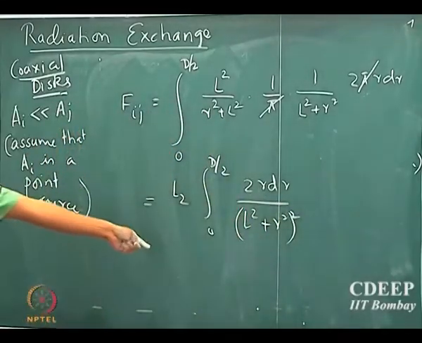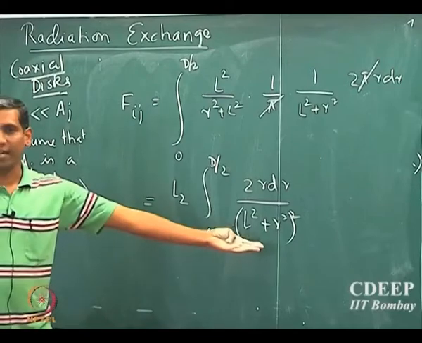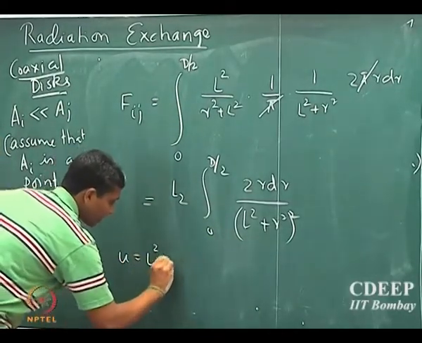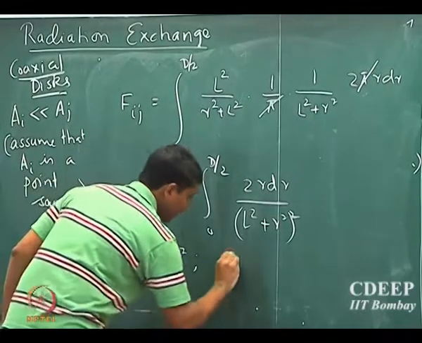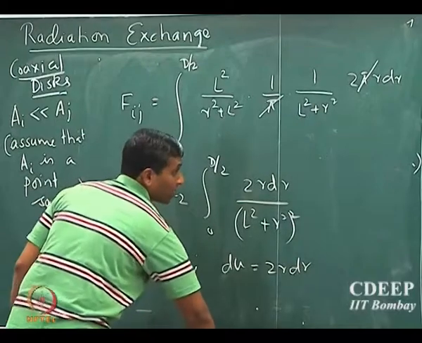How do we integrate this? You make a substitution, right? So you say u is L square plus R square and du is 2r dr. So you plug in all this.